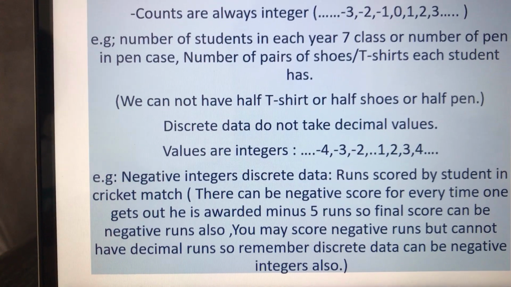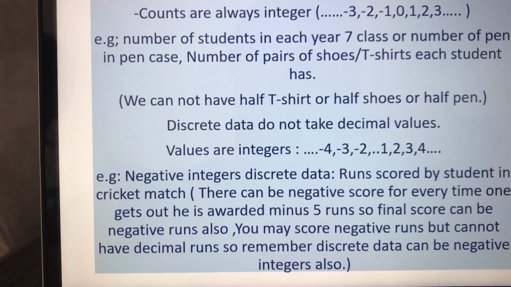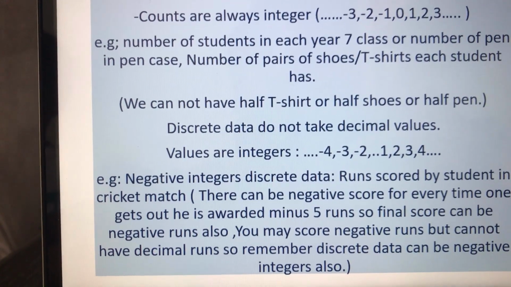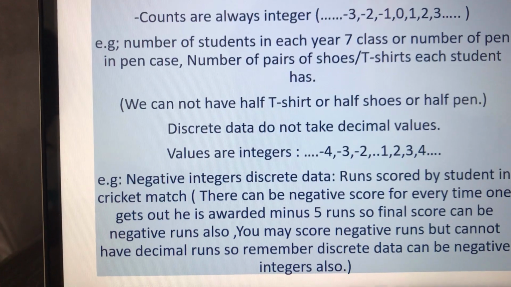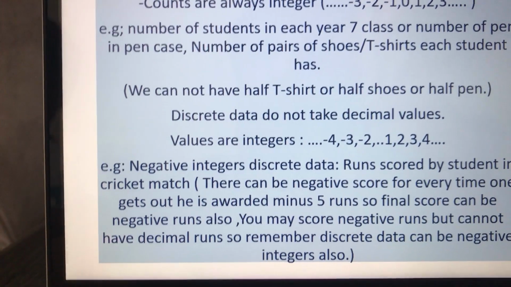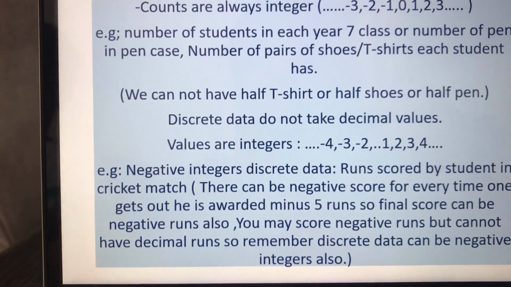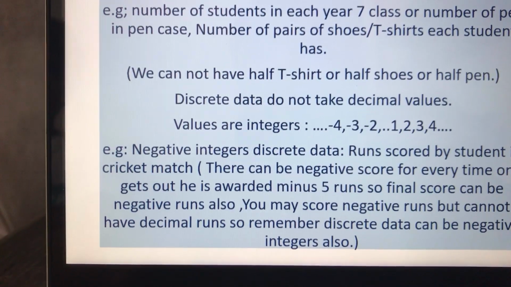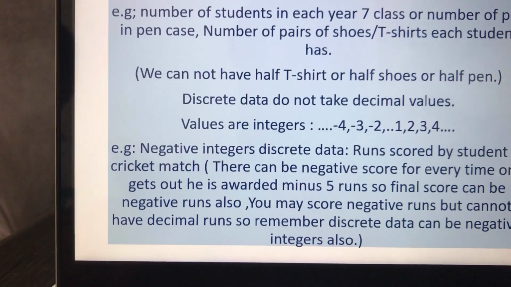Now it may so happen a boy may get out 3 times and he will score -15 runs, and he does not score any run by bat. So the discrete data can be a negative integer value also. His score will be -15. It is also a score. It is a discrete score. It is discrete data. Minus does not mean it is not discrete data.